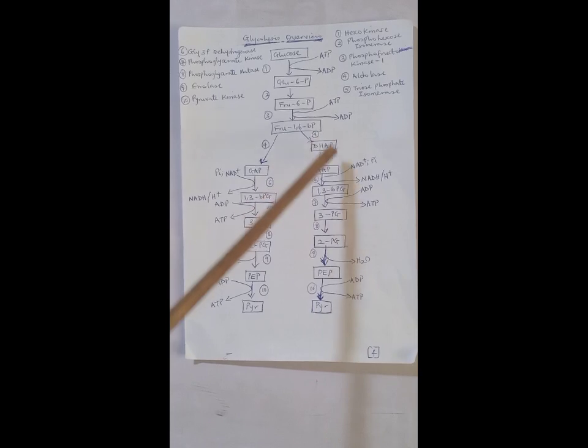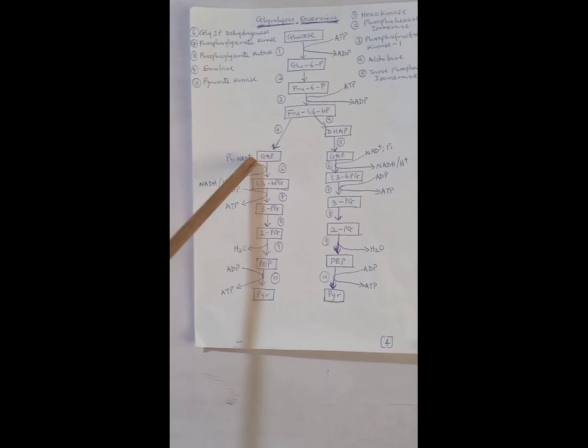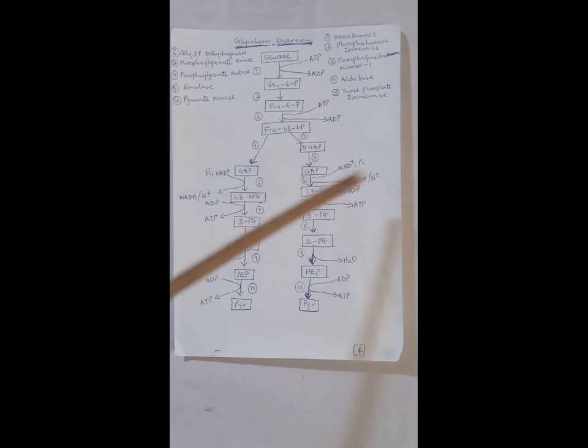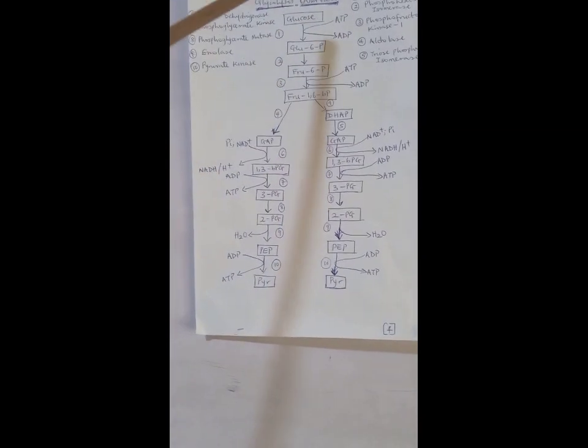Now, the dihydroxyacetone phosphate is also an isomer of what? The glyceraldehyde 3-phosphate, and that shows in step 5 by the enzyme triose phosphate isomerase. The isomerase enzyme converts the dihydroxyacetone phosphate to glyceraldehyde 3-phosphate, and that shows the first 5 steps, which is the preparatory phase or the investment phase of the glycolytic pathway.